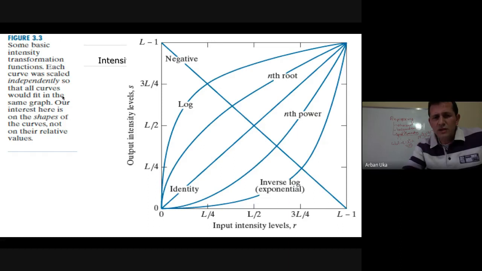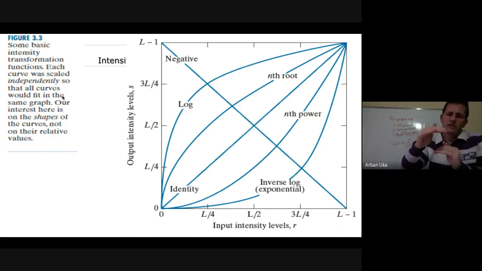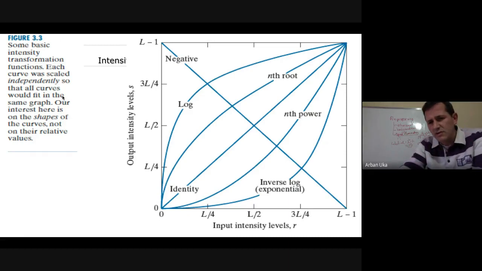You can see how delta x projects onto y. If it projects into a wider delta y, this means we are doing intensity stretching. The inverse function, the inverse logarithmic or exponential, does the opposite: a large range in x is projected into a narrower range in y.